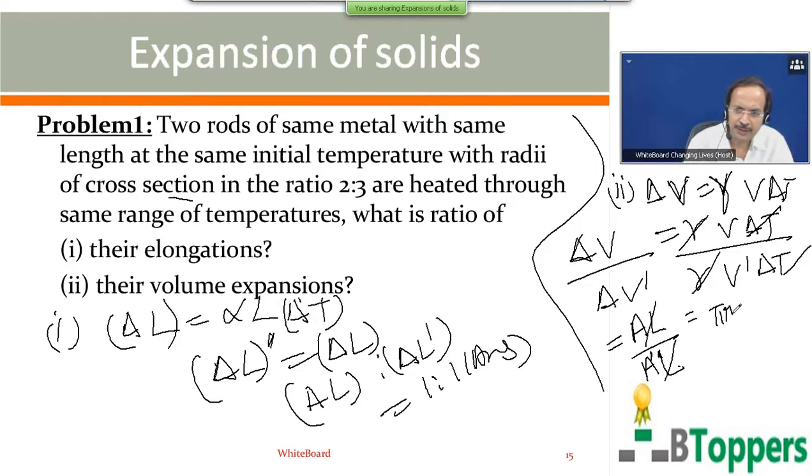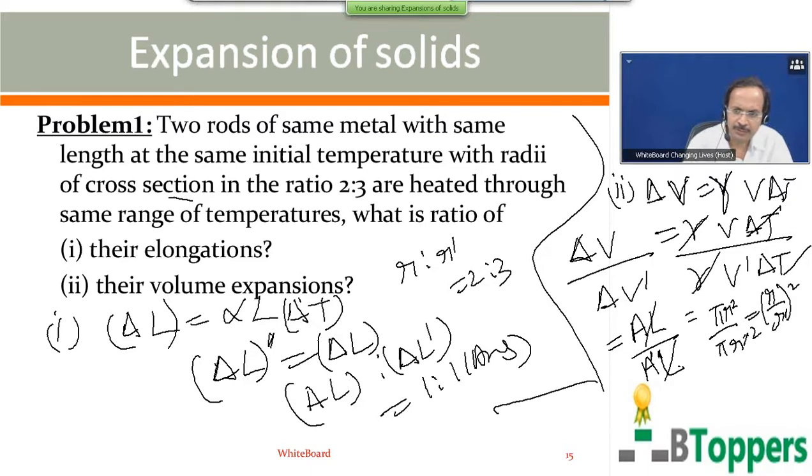And the area of cross section can be written as pi r square for the first rod, for the second rod pi r dash square. So that is (r by r dash) whole square. Here r by r dash you can take as the ratio of the radii of cross section, given as 2:3.